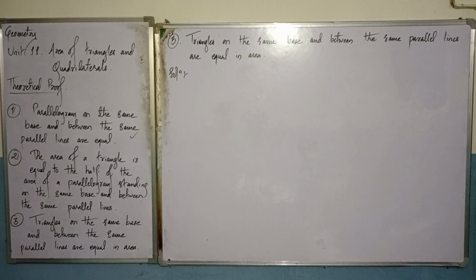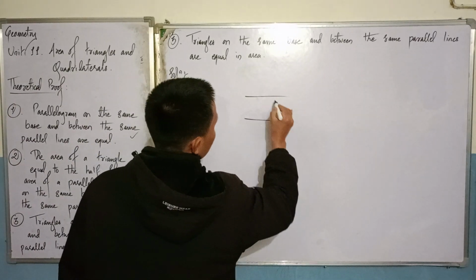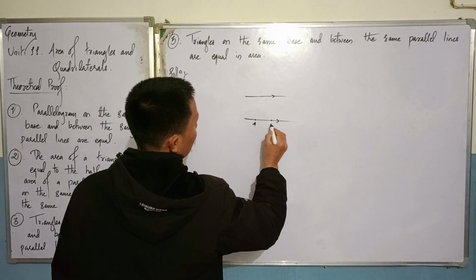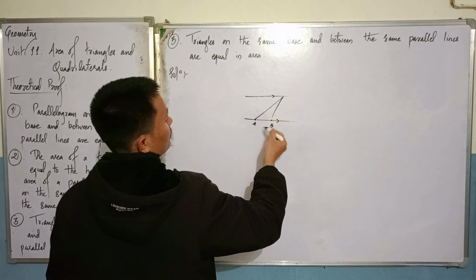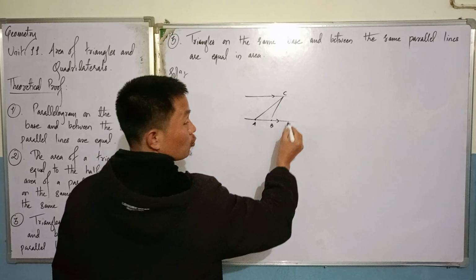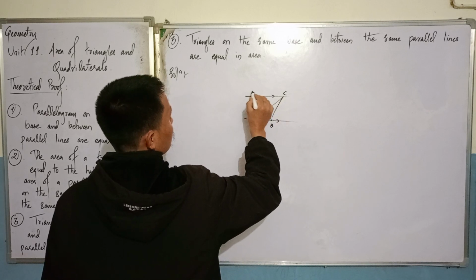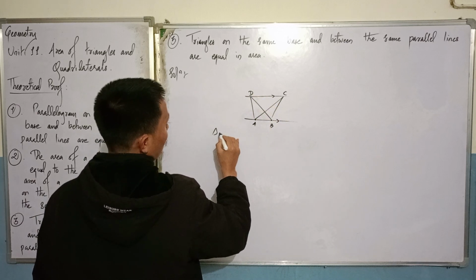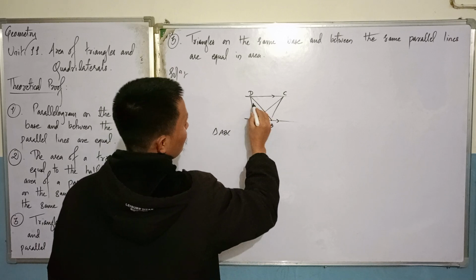Number 3: triangles on the same base and between the same parallel lines are equal in area. What is meant by that is, if there are two parallel lines and AB is the base, on this AB there are two triangles standing. First, say triangle ABC, and another triangle, let's say ABD.